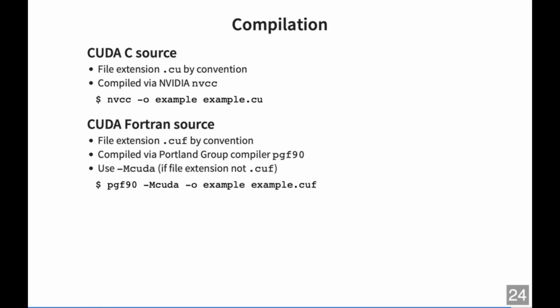Previously, we've used the Portland Group compiler PGF90. As Portland Group have now been taken over by NVIDIA, this has been reborn as NV Fortran. So in the exercises, you'll be encouraged to use NV Fortran if you're in Fortran land.